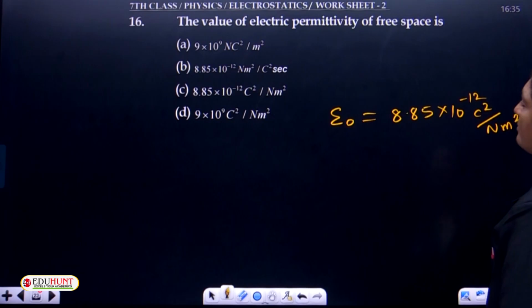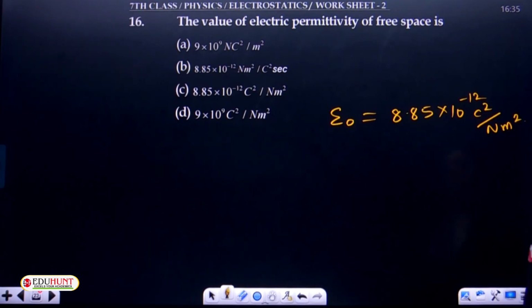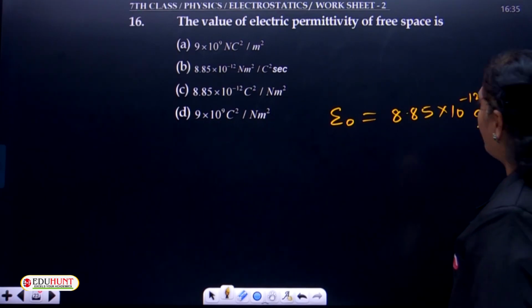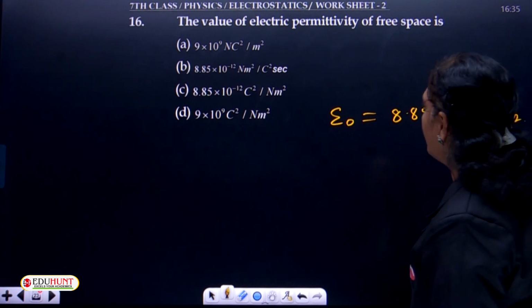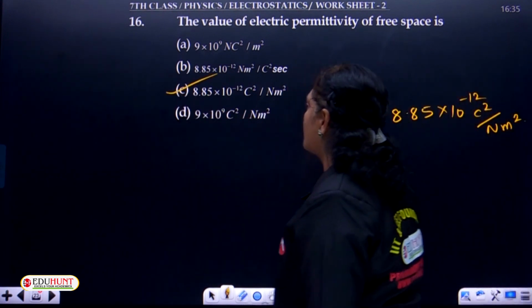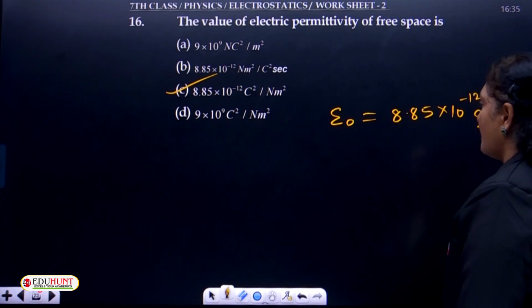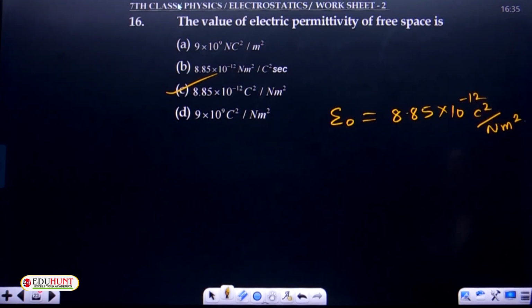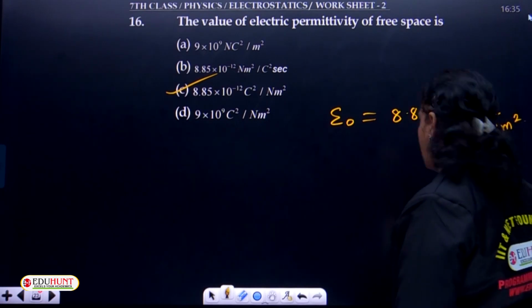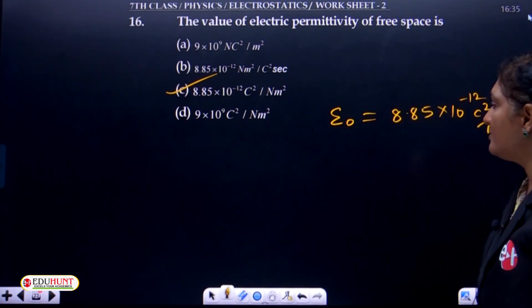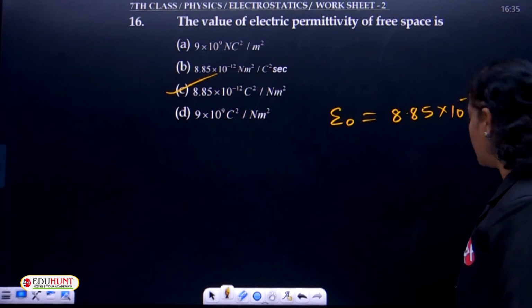So no doubt option C must be true. Clear? This is the value which we have already discussed in the concept.